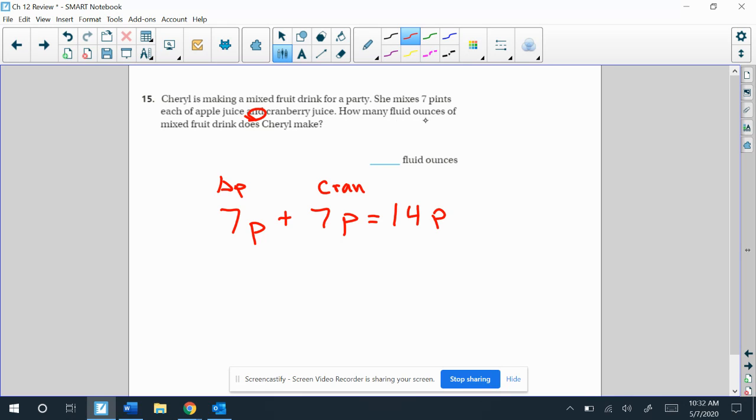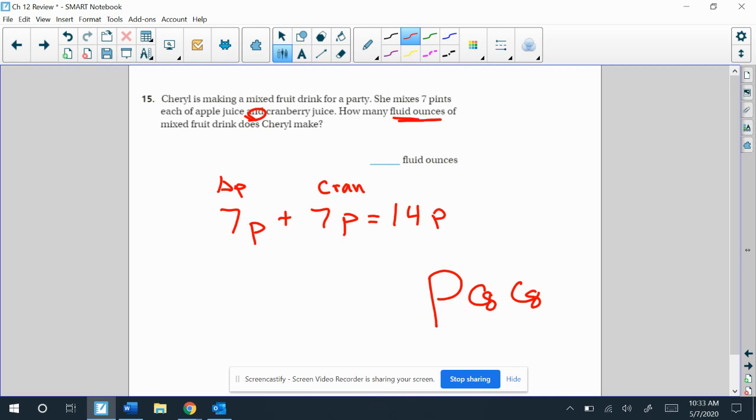How many fluid ounces? Nope, it says fluid ounces, and this is pints. I'm going to need to change that. Well, I know that this is liquid, so I'm going to write my pint, and I'm going to keep going until I get to fluid ounces. Pint, cups, and each cup had 8 fluid ounces.